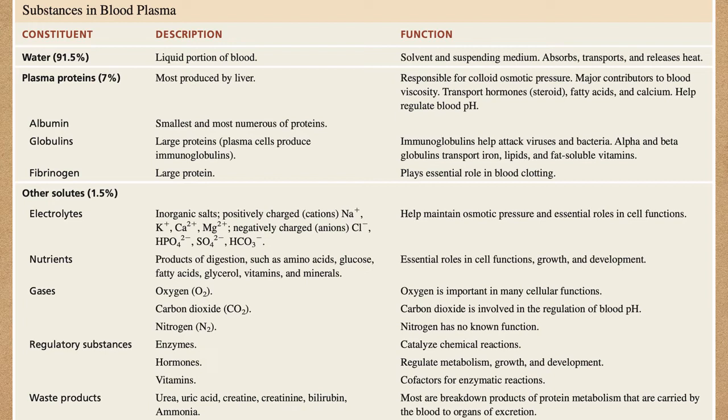That's why it shrunk. While in jar B, the fluid went inside the longanisa because there's more salt inside the longanisa versus outside, so it became chubby, swollen like that.